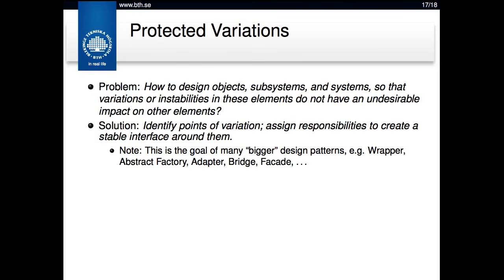Many bigger design patterns, wrapper, just like I mentioned, abstract factory, adapter, bridge, facade, and a whole bunch of other design patterns are in effect trying to do this, trying to protect the rest of the system from these local variations.